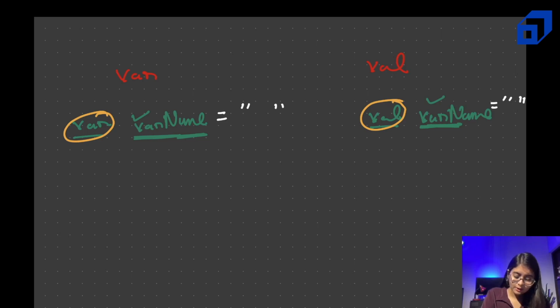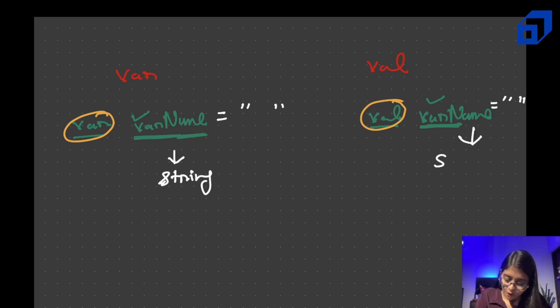So this will be of type string because we are giving it a value under double quotes. Okay, so syntax pretty much simple. Keyword var or val, and then name of the variable is equal to, and then whatever value you want to give to it. The syntax is very clean and neat. No confusion till now, right?